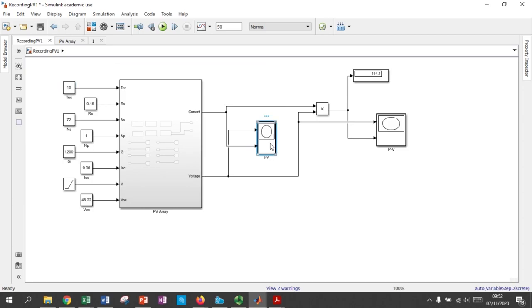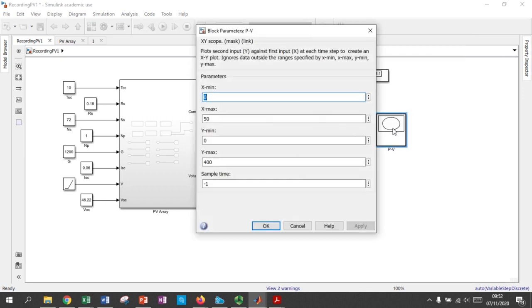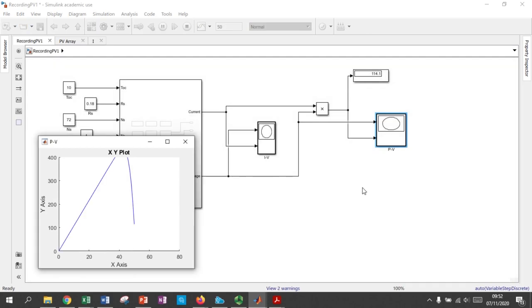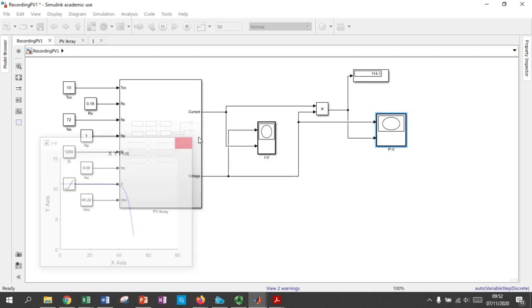Then increasing the VOC, in the first one I will increase it to, for example, 80, and also in this one, this is again 80, and run it again. Okay, it seems that the power also will increase. Okay, we need more, and also we should change the time.